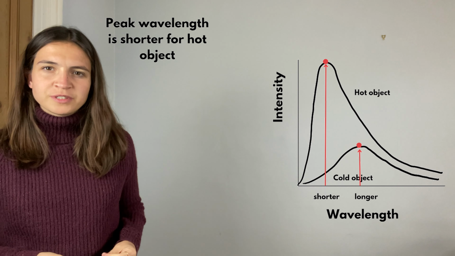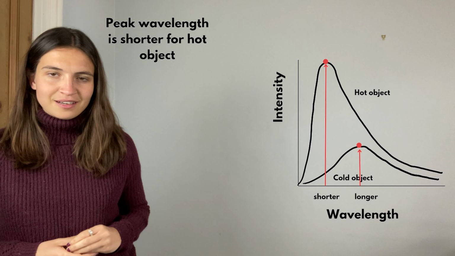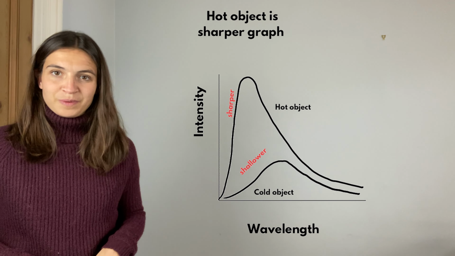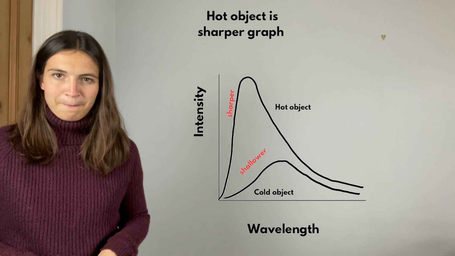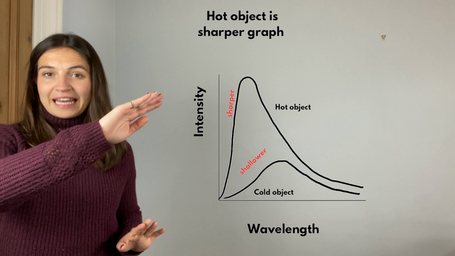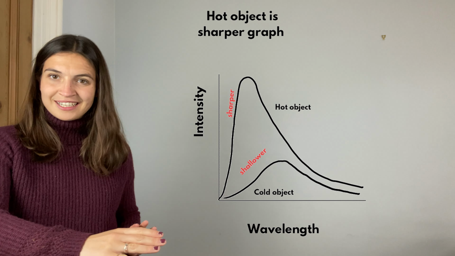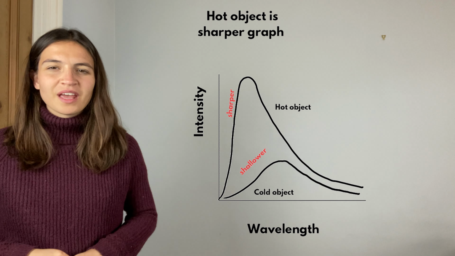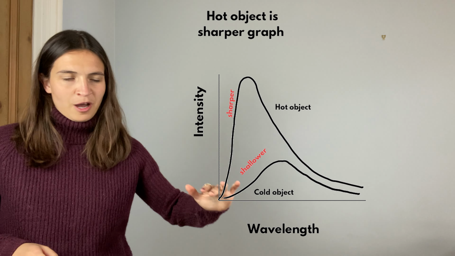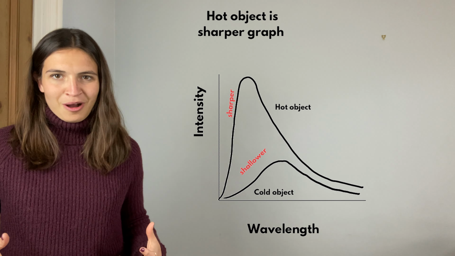For the hot object, you will see that that wavelength is smaller than for the cold object. The final thing is the sharpness of these graphs. The hot object has a much steeper incline towards that highest intensity and steeper decline. It is sharper. And the cold object is a much more gentle slope up and gentle slope down. It is a broader, less sharp pattern.